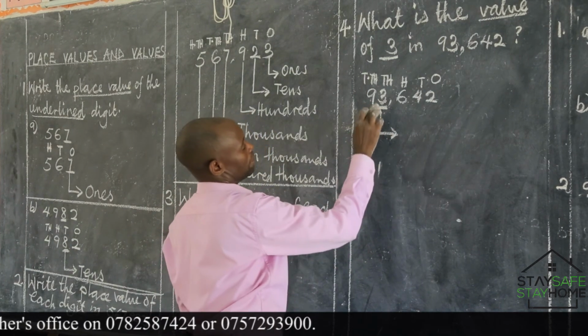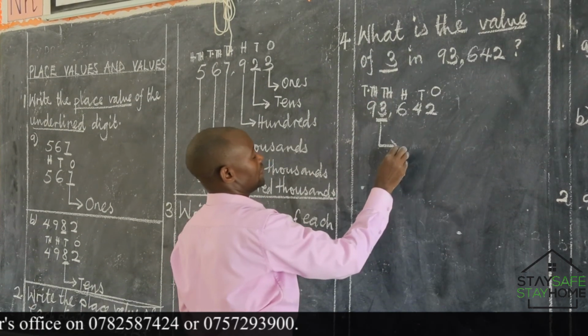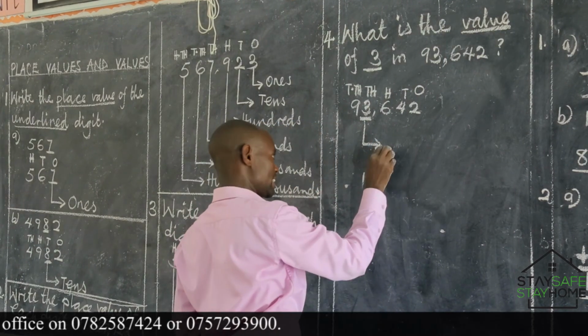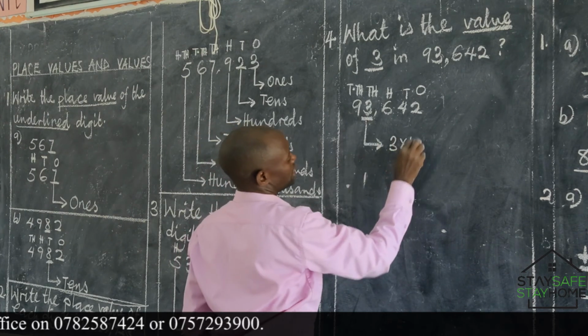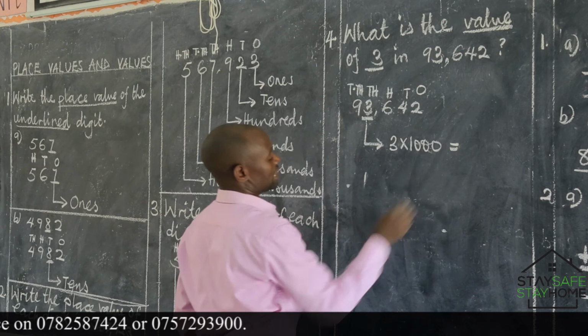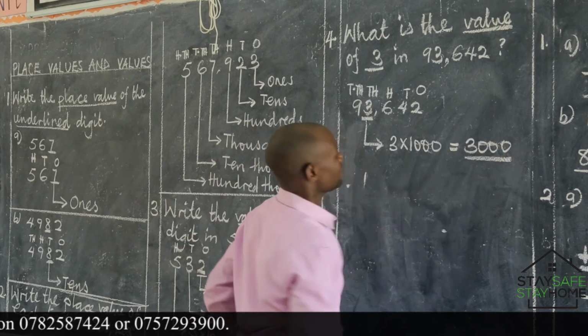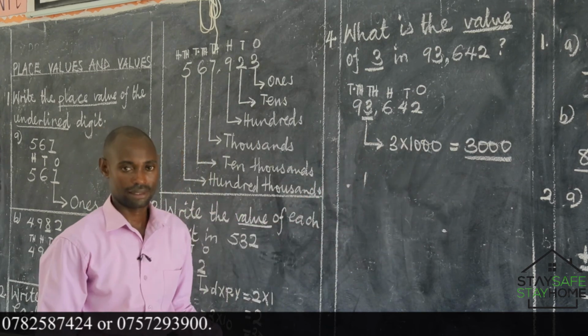To get the place value, these are the words on top, the position. So I want the value. So I will get the digit, which is 3. I multiply it by its place value, which is 1,000. Which product am I going to get? 3,000. Therefore, the value of 3 becomes 3,000.